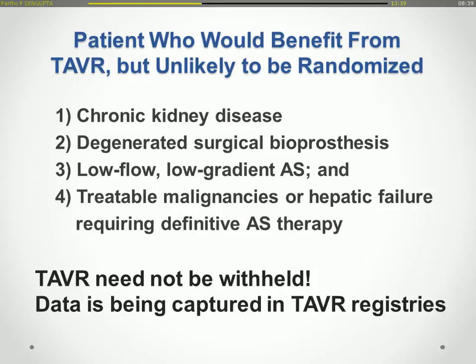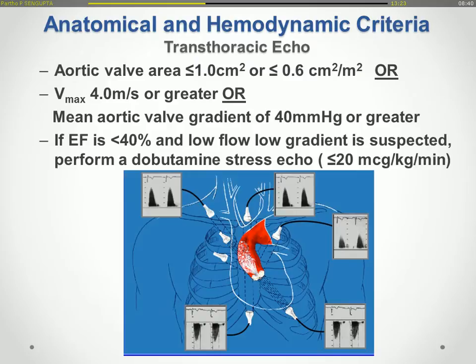In these particular situations, a center may enroll the patient through a certain registry. So there could be situations in this subgroup of patients that one may be able to provide support in form of TAVR.